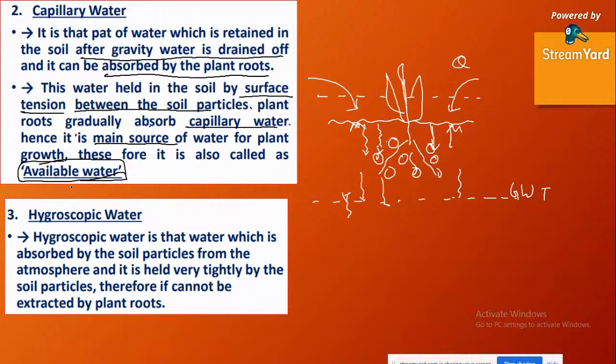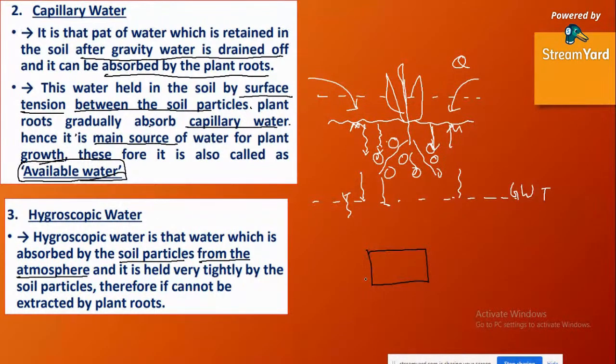Next, the third one is called hygroscopic water. Hygroscopic water is that water which is absorbed by the soil particles from the atmosphere. If you take a soil sample and keep it for some period of time in the atmosphere, it will absorb some moisture.